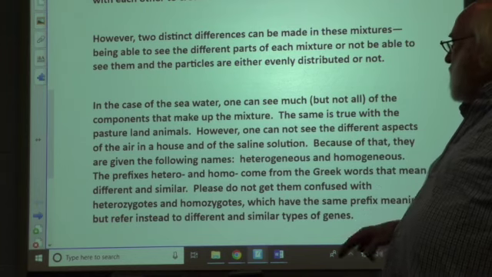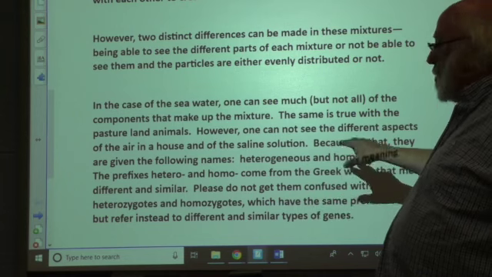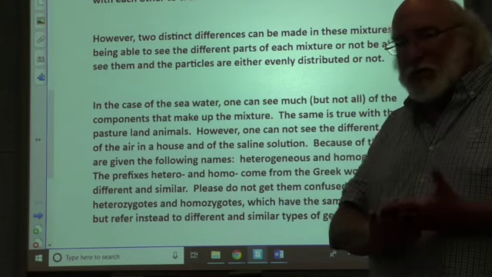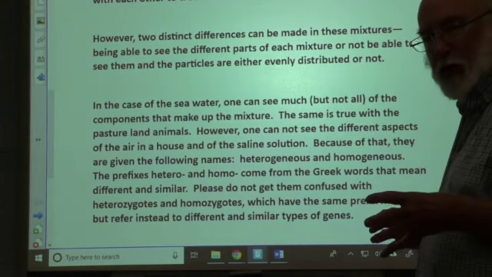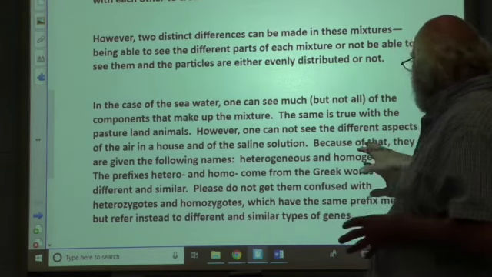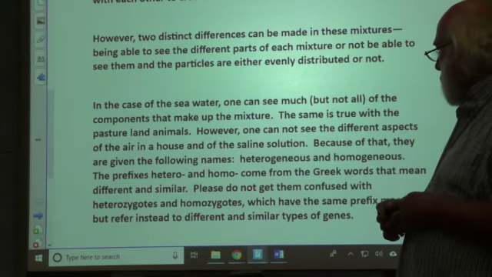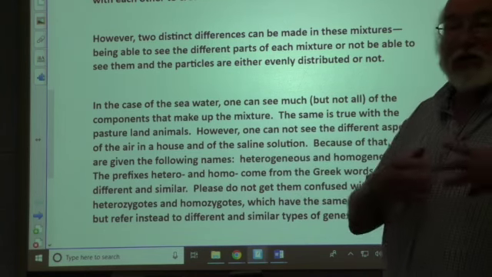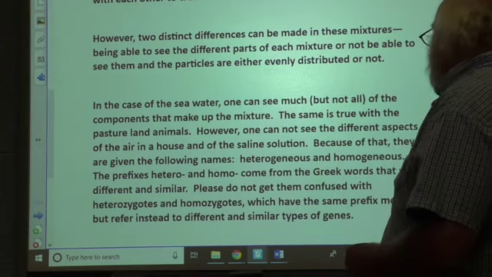Because of that, they were given names. Heterogeneous and homogeneous. Those are the two terms we use to describe these types of mixtures. Okay? So, the prefixes hetero and homo come from the Greek words that mean different for hetero and similar for homo.